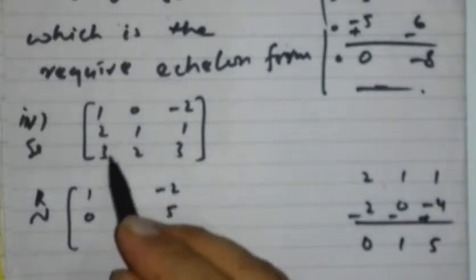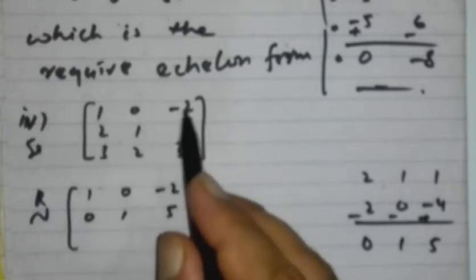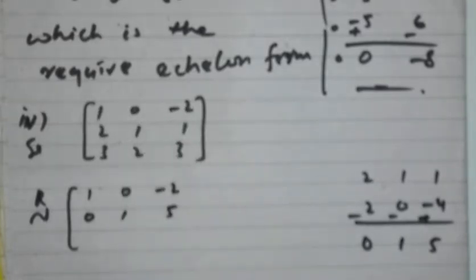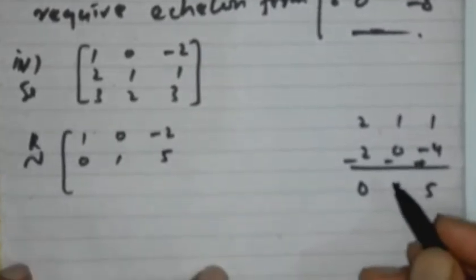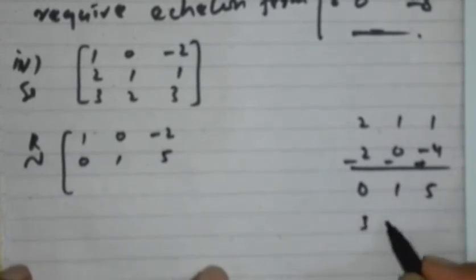And how will this 3 become 0? Multiply the first row with 3 and subtract it from the third row. So we can write the third row, 3 2 3, and now multiply the first row with 3. So we get 3 1s are 3, 3 0s are 0, 3 minus 2s are minus 6, and now subtract it, change the sign. Here we get 0, here 2 and 6 plus 3 we get 9.